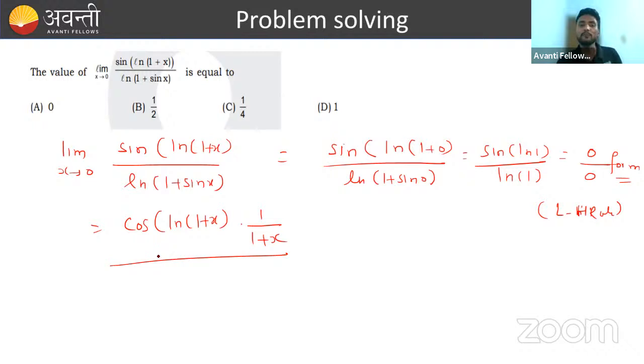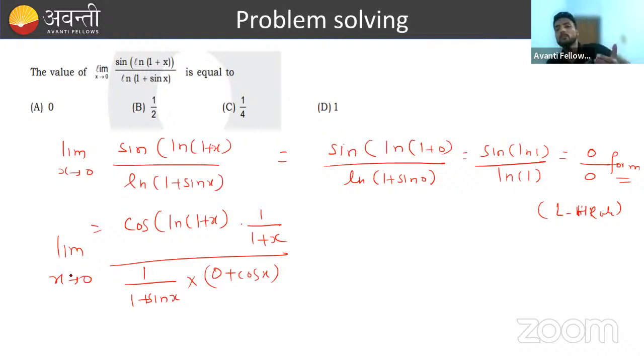Similarly, ln 1 plus sin x gives 1 divided by 1 plus sin x, and again by the use of chain rule, derivative of 1 is 0 and of sin x is cos x. So we have done the differentiation, guys. Now again we have to put the limiting value, and if we are getting a finite value, then that will be your limiting value.